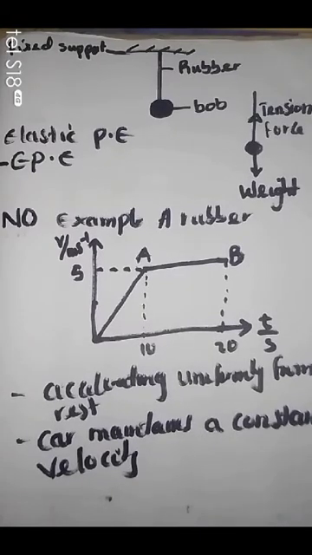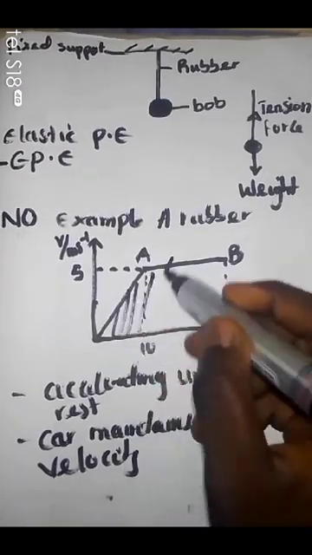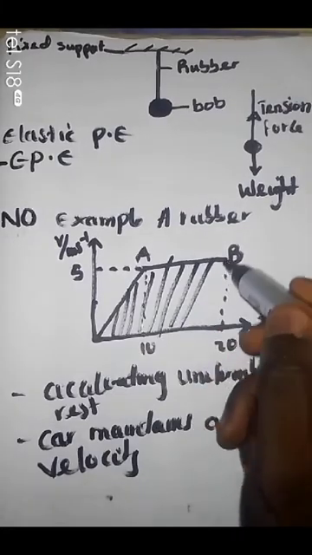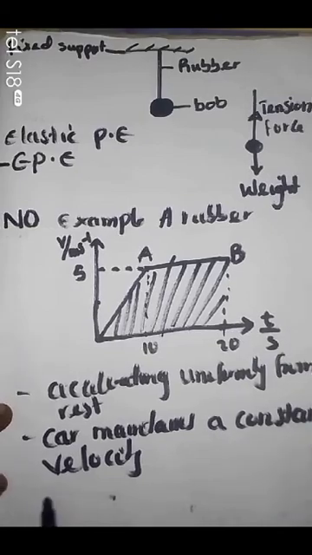And part 2 says that we should calculate the distance covered by the car in the first 20 seconds. You should note that the area under a velocity-time graph tells you the distance. So this total area here tells me the distance traveled. To get the area, I see that this is a trapezium, and the area of a trapezium is the half sum of the parallel sides times the height.